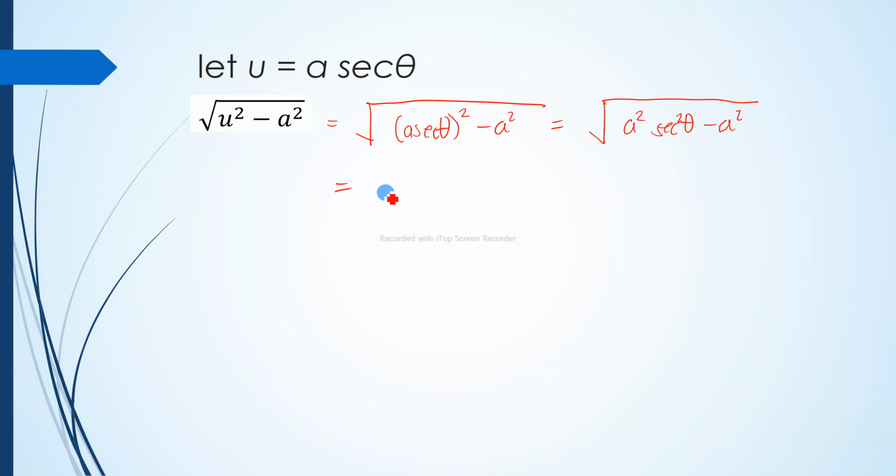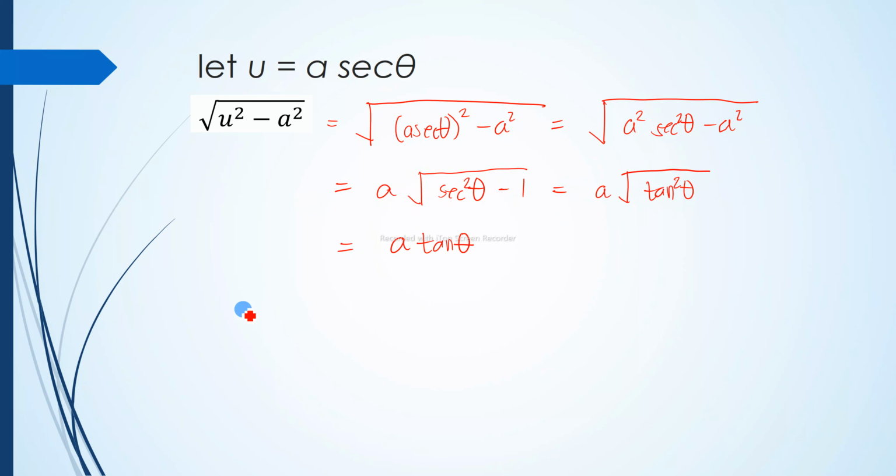A squared is our common factor, and then we take the root out. Then you'll have secant squared theta minus 1, which is equal to tangent squared theta, or simply a tangent theta.